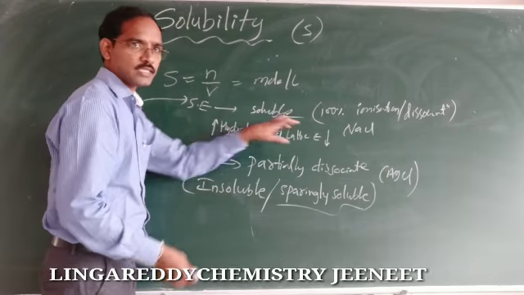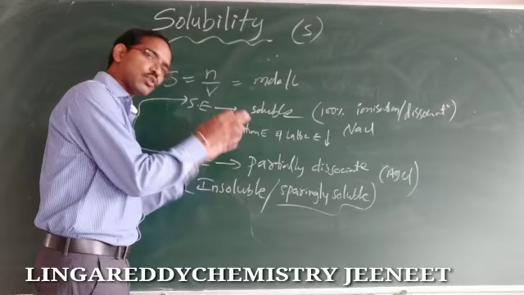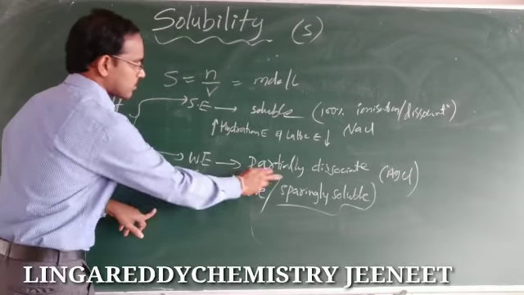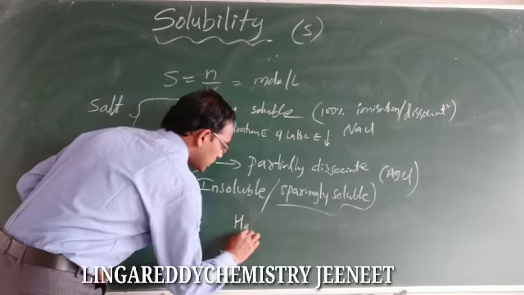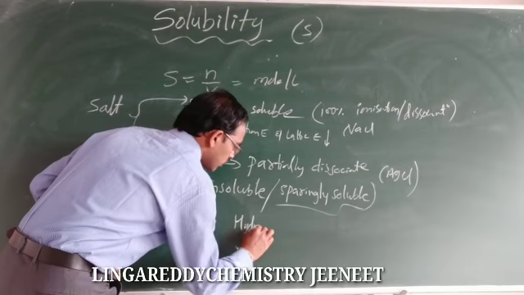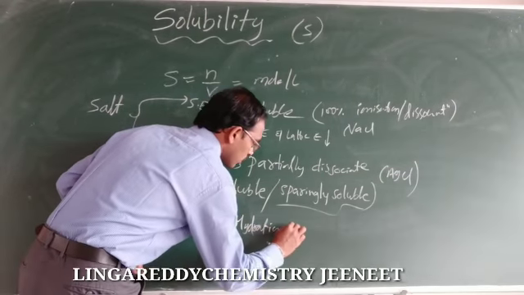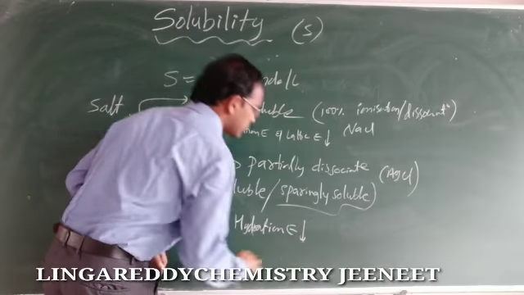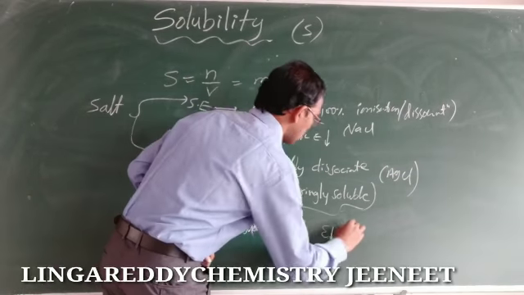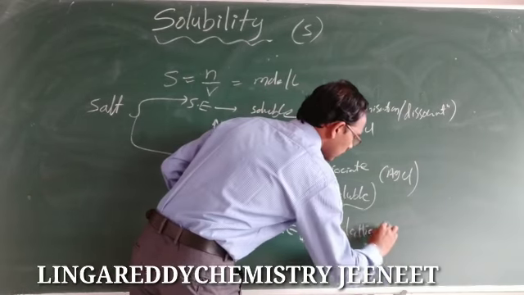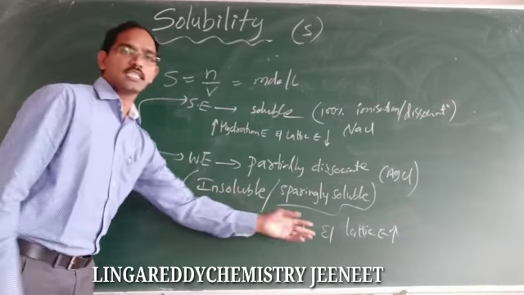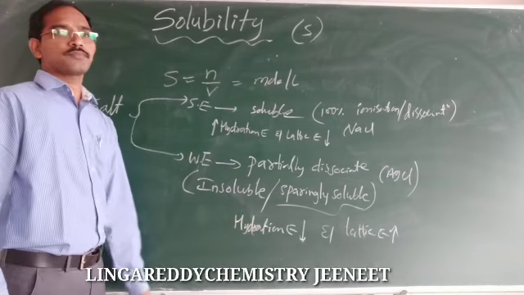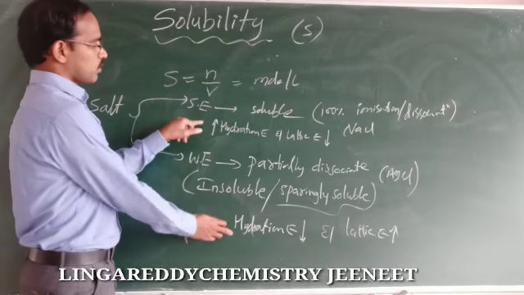Required energy less, released energy more means it will be soluble. But in a partially soluble or insoluble salt, hydration enthalpy is less and lattice enthalpy is more. Required energy is more, therefore it does not dissolve. These are important points.